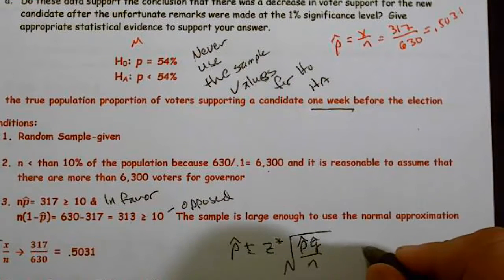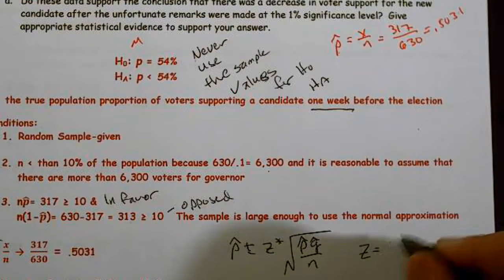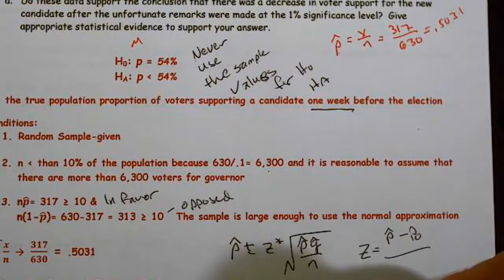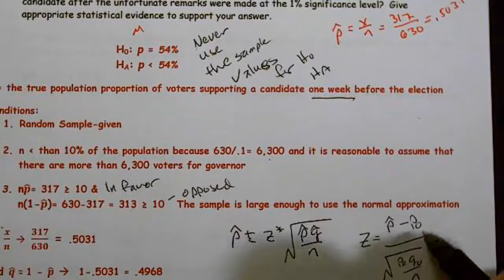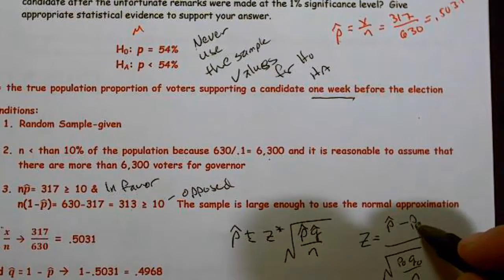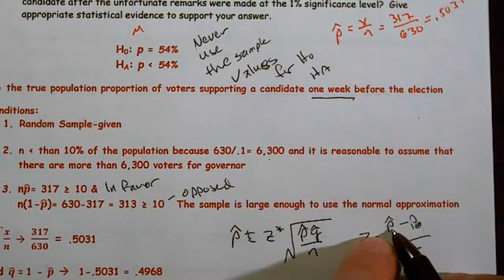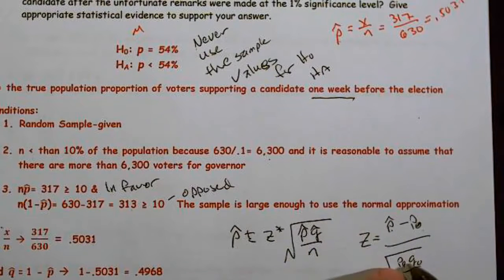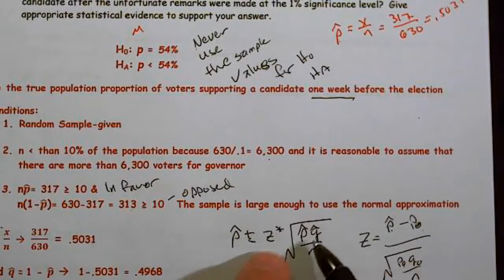Now for hypothesis testing, z equals p hat minus p naught over the square root of p naught q naught over n. Now, technically, you don't have to use the naughts, so that's fine if you don't use those. But this has to be a p hat, while the one down here is not a p hat, but it is over here.